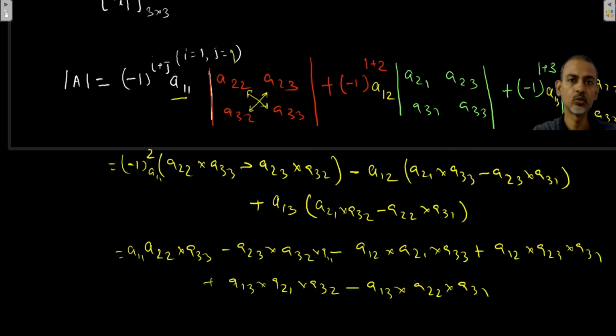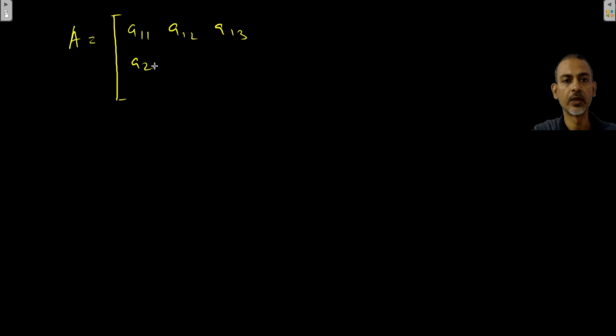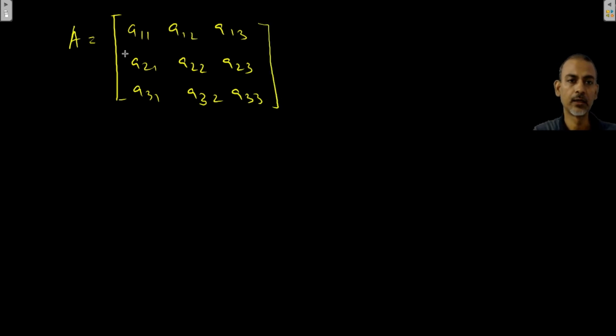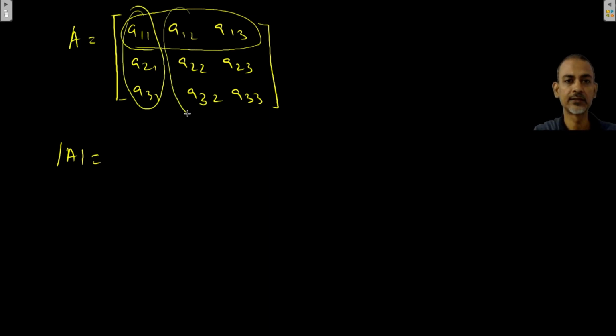Alright, now there are two more things I need to tell you. One is that, say if this is your determinant, a matrix like this, with A11, A12, A13, A21, A22, A23 and A31, A32, A33, I can get the value of the determinant by expanding it either along this row or along this column or any other row or column, right?